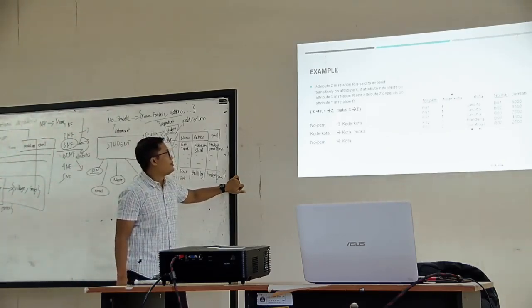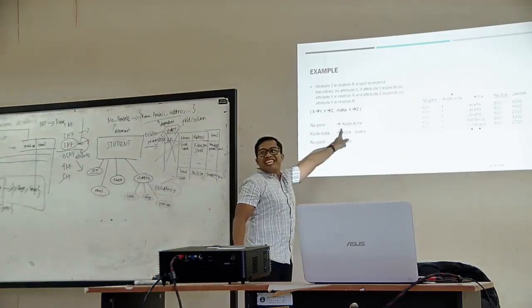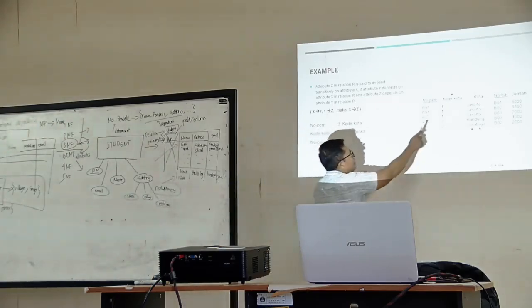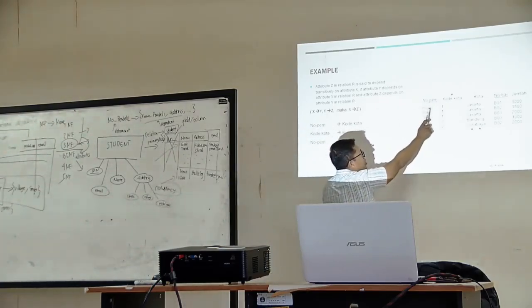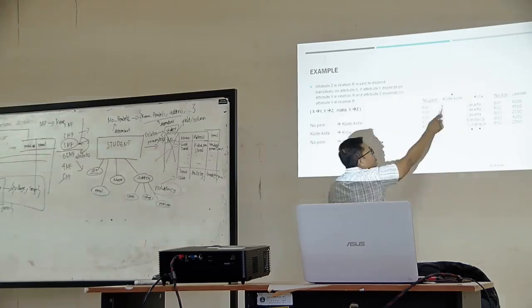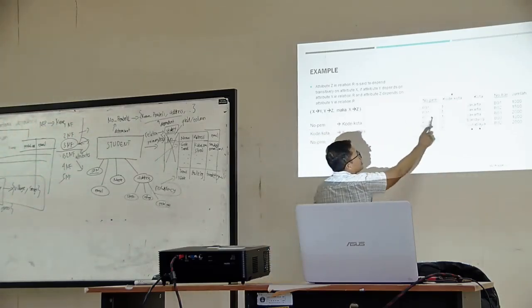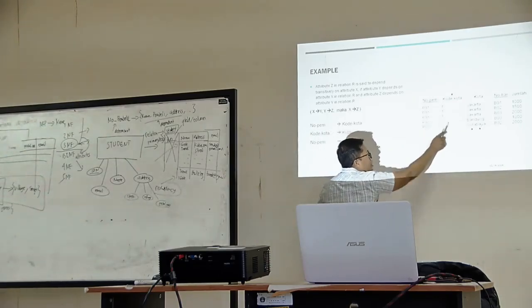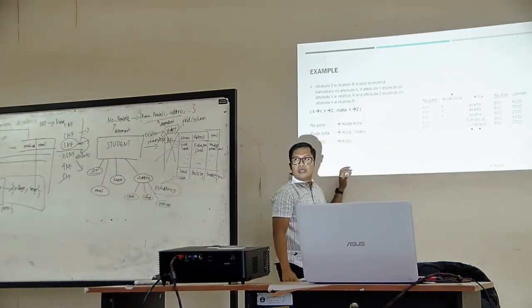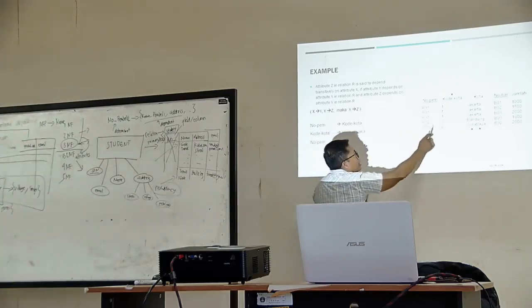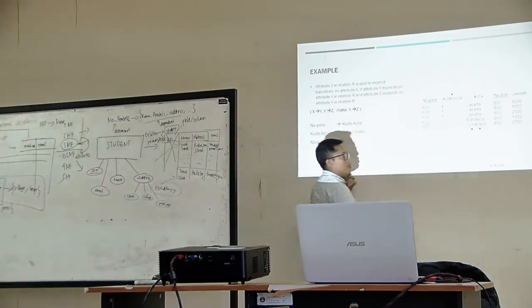Kode kota? Like the answer. Okay. Yeah. Because we can see that if the nomor pembeli is P01, the kode kota will be 1. If the nomor pembeli is P02, the kode kota will be 3. And then the last, if the nomor pembeli is P03, the kode kota will be 2.